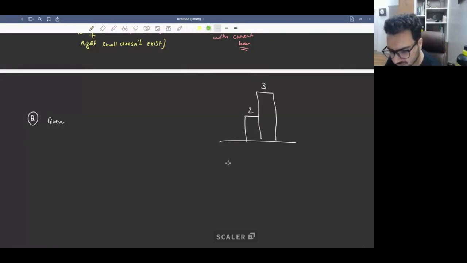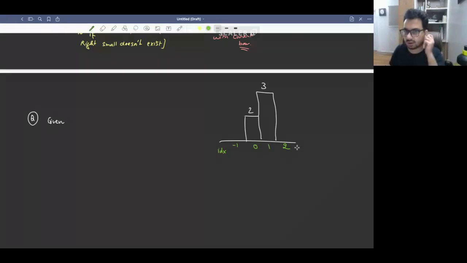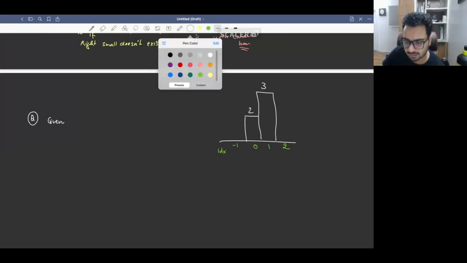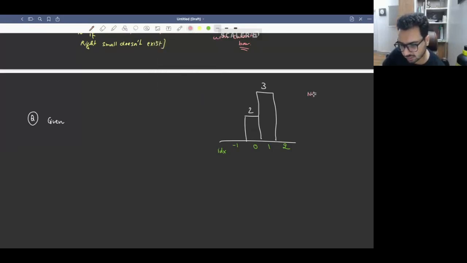So I'm saying the indexes are 0 and 1, and maybe this index is -1, this index is 2. Which is okay. We are not having these indices in the array, but we can still say n is 2, the number of bars is 2.